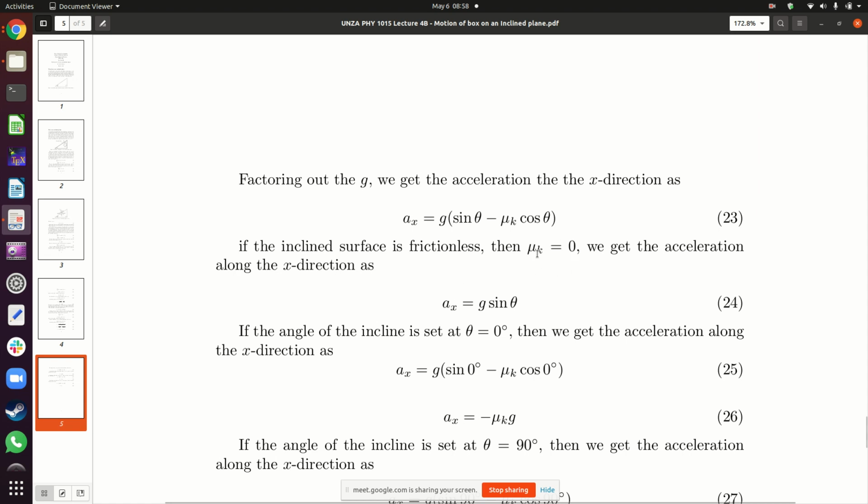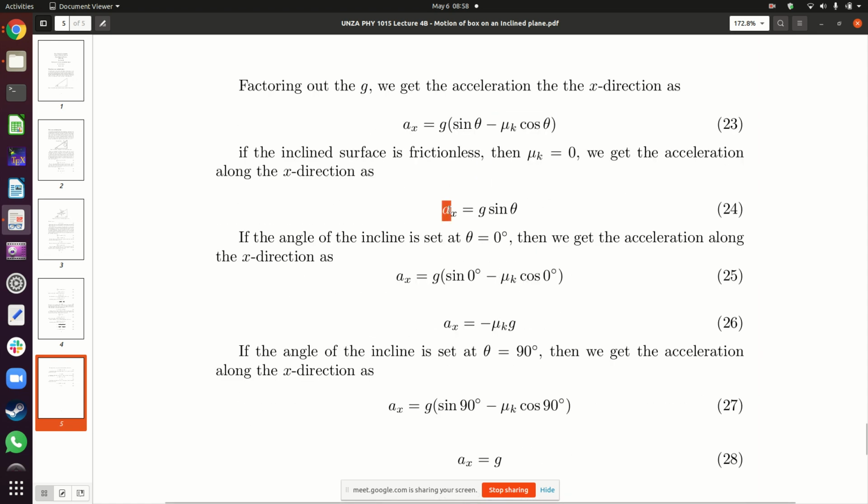Then this second part is going to disappear because you're going to have 0 multiplied by cos. So the acceleration of the box is going to be equal to just g sin theta.